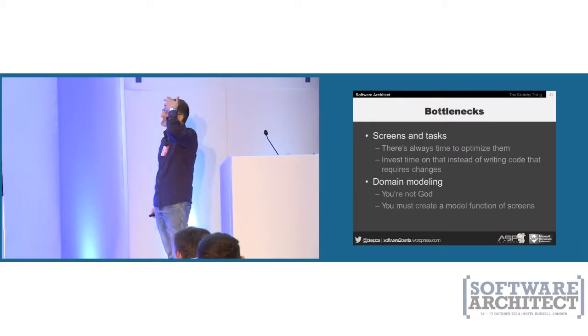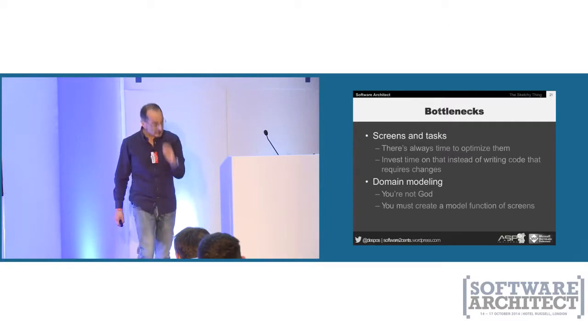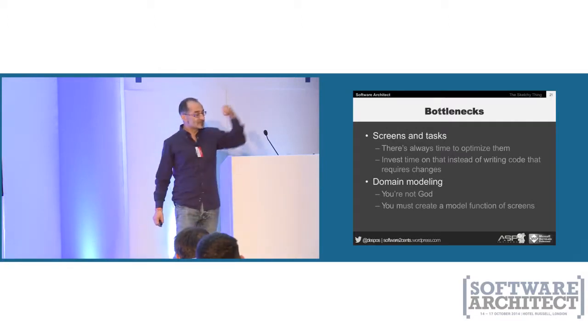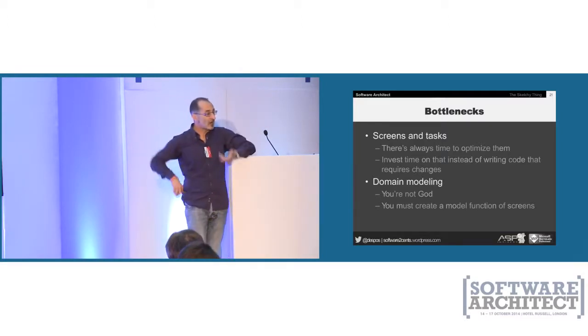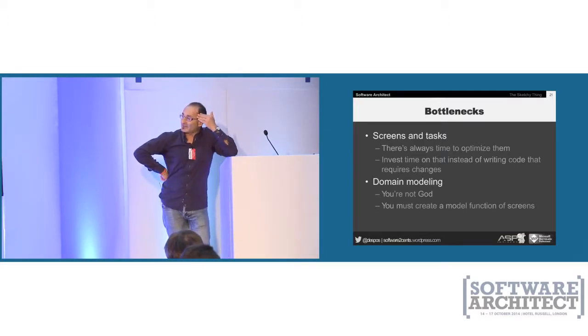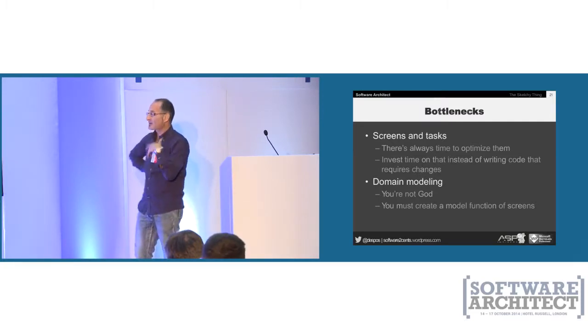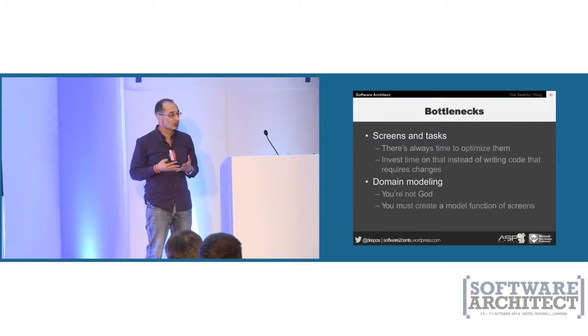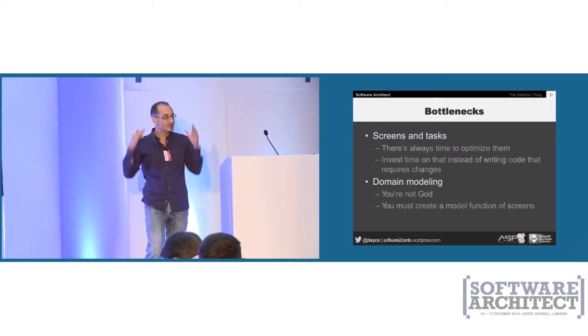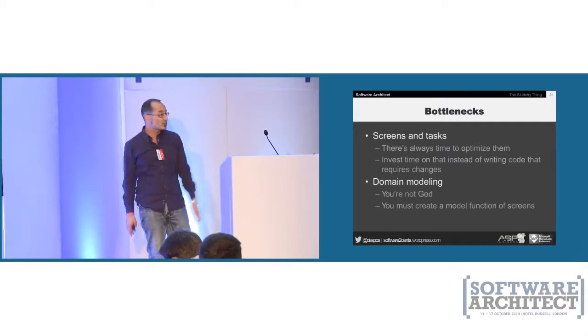Domain modeling, that's another critical point, a misconception we inherited from misunderstandings of domain-driven design. To me, sometimes it seems like developers and architects think they're God, and they have to create and express the world. No, it's not like this. Domain modeling has to be functional to what you're doing.